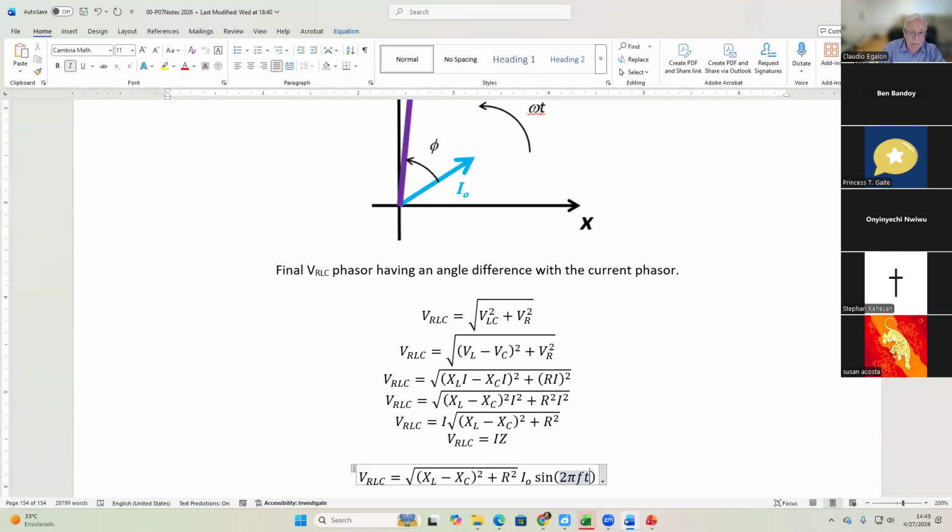Oh, by the way, we still have a phase term, right? The phase term is this phi angle here. So voltage leads the current.